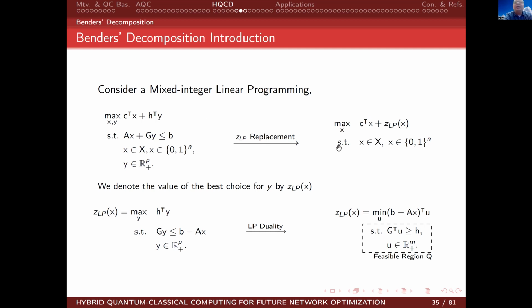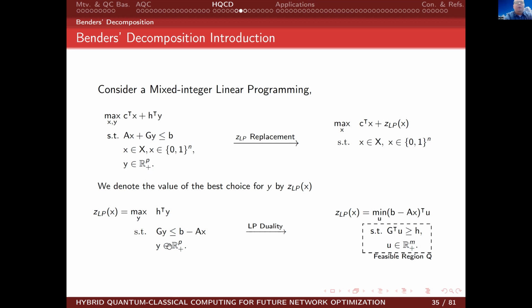You can imagine it's a kind of two-level problem, right? You solve the problem in x. Once you get x, then you can solve the problem z_LP(x), which is parametrized by x. So once you know x, you have another linear programming problem. That's the idea of this decomposition: the original problem is divided into a master problem and a subproblem.